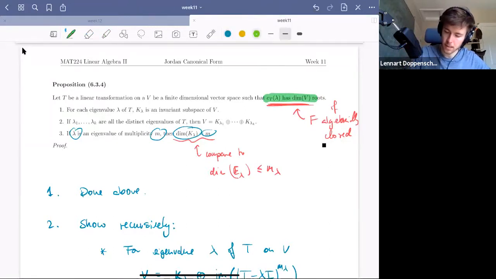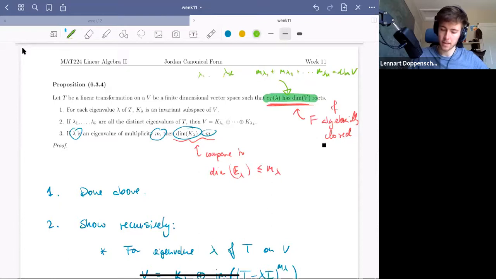This idea here, that we have dim V roots of the characteristic polynomial, says that for eigenvalues lambda 1 to lambda k, this might be less than the dimension. But if we sum up the multiplicities m lambda 1, m lambda 2, and so on, then this has to be the dimension of V.